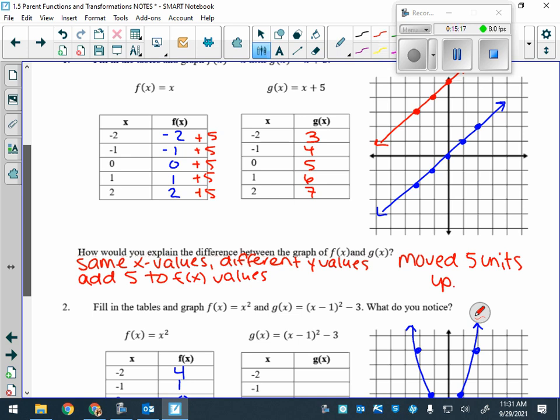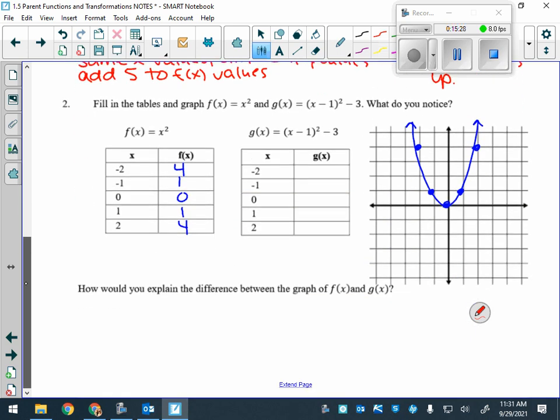Same x values, however, the y values were different. And with the y values, you added 5 to that. So now, if we look at our quadratic, what are my g of x values? What would they be?